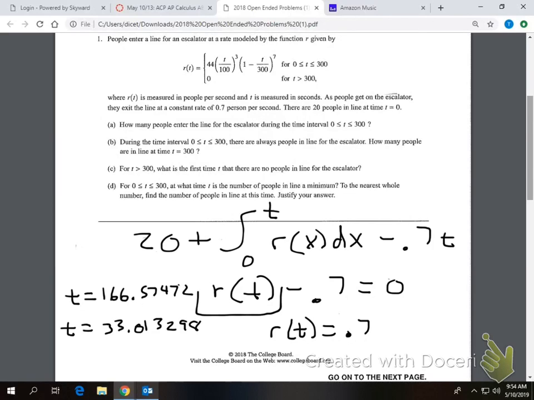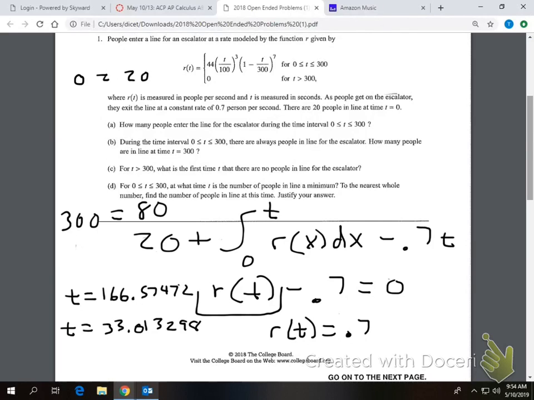So from here, I would say, okay, I now need to find it at 0 and 300, I already have those values. At time 0, we already said there was 20 people. At time 300, we found that in part B, it was 80.